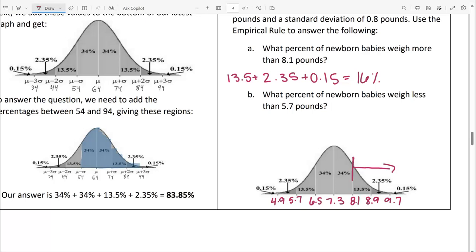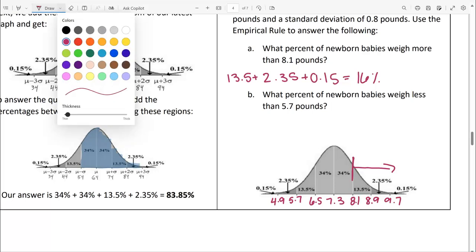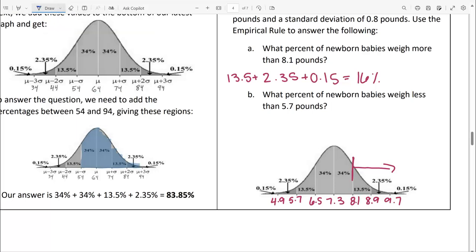Okay, take a second, try part B on your own. Okay, for part B, we want less than 5.7 pounds. So that's right here. Less than would be the left side. So 0.15 plus 2.35, which gives you 2.5%.